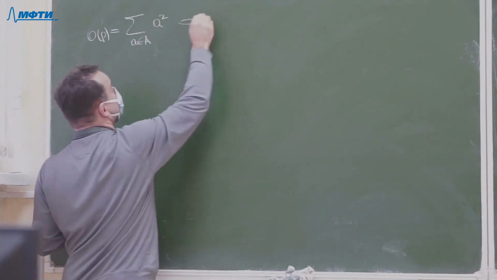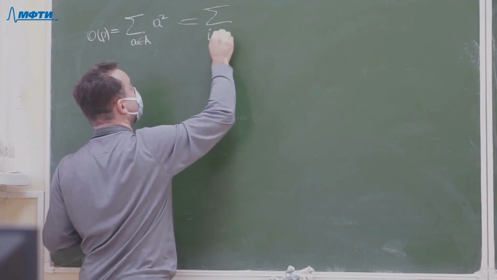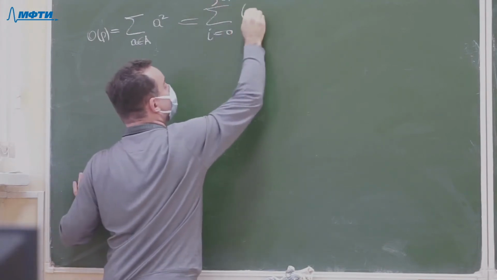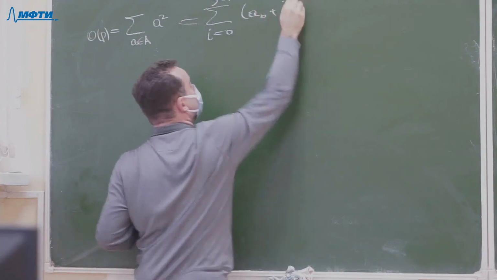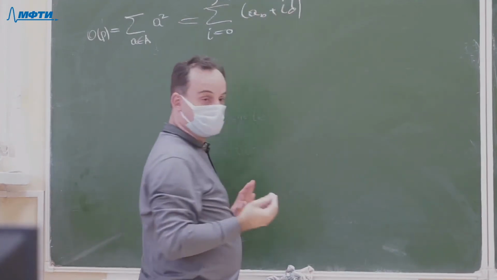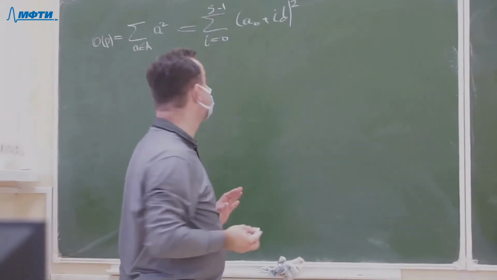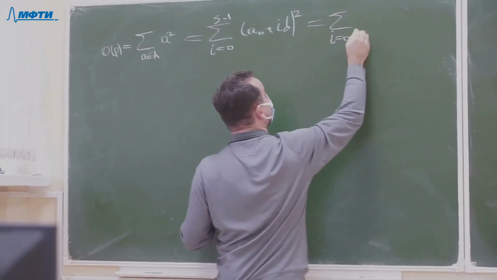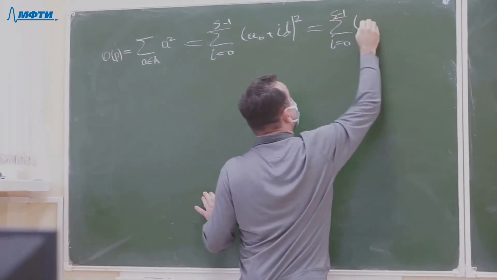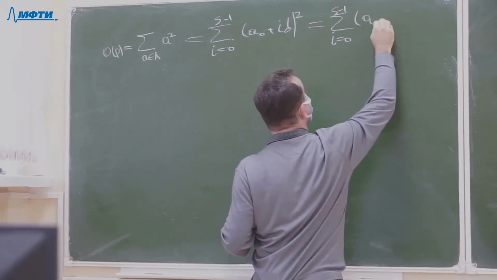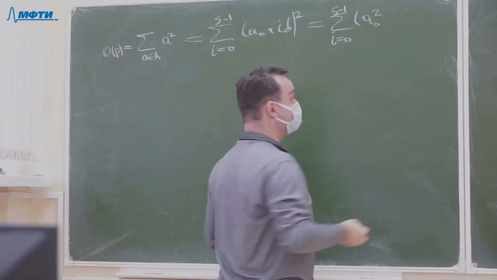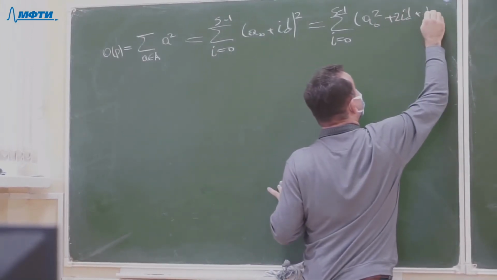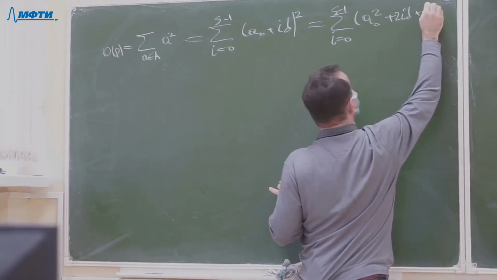Right, which is the sum for i from 0 to S minus 1 of A0 plus i d, squared. So this is the sum of A0 square plus double i d plus d square i square.